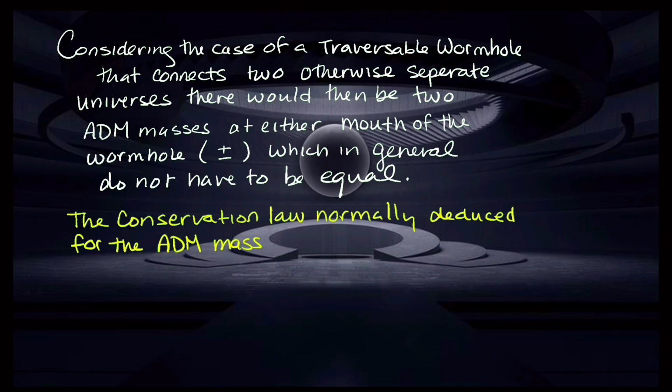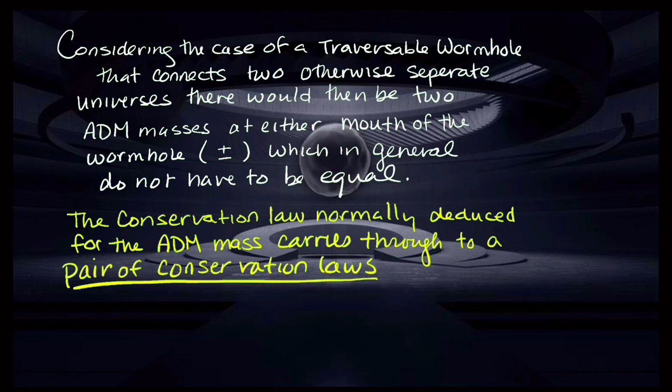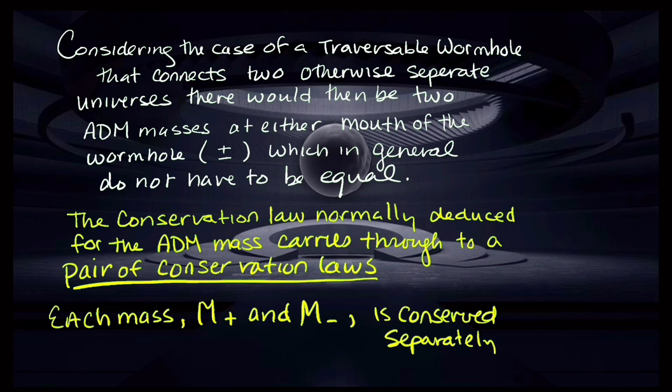The conservation law normally deduced from the ADM mass carries through to a pair of conservation laws. Each mass, m plus and m minus, is conserved separately.